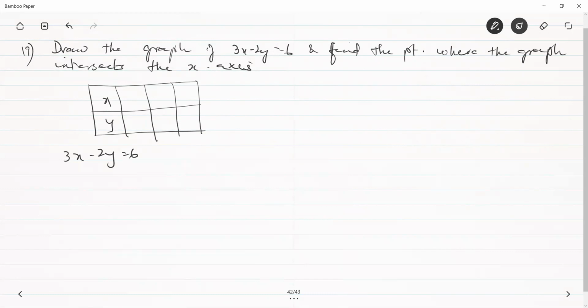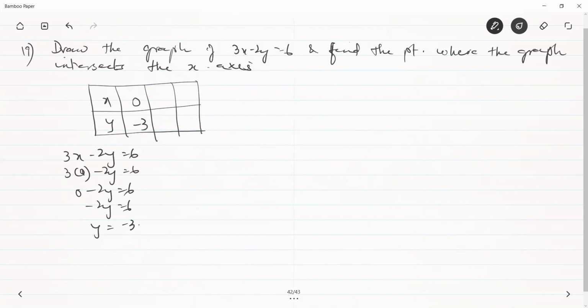Now if I take x as 1, 3 into 1 minus 2y is equal to 6. No, this is not possible because it will come in fraction. So I can take x as 0. If I take x as 0, it will be 0 minus 2y is equal to 6, so minus 2y is equal to 6. So y will be equal to minus 3.